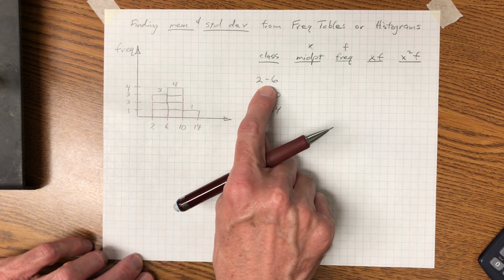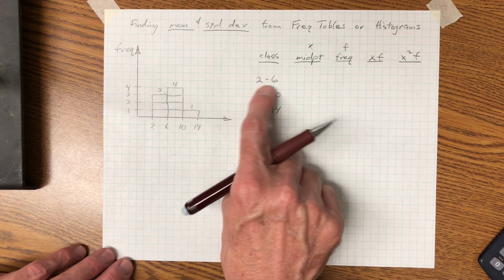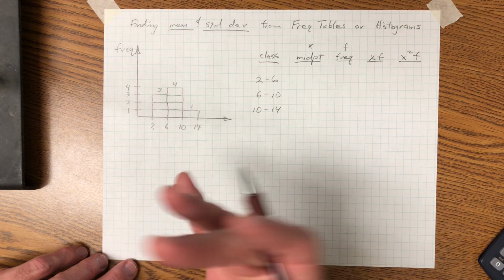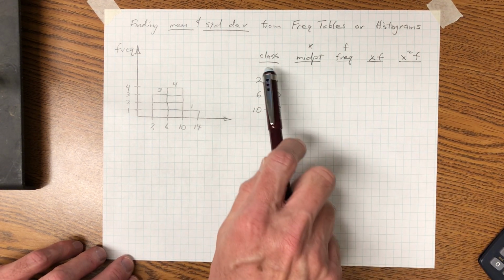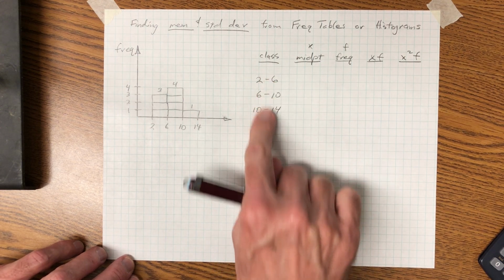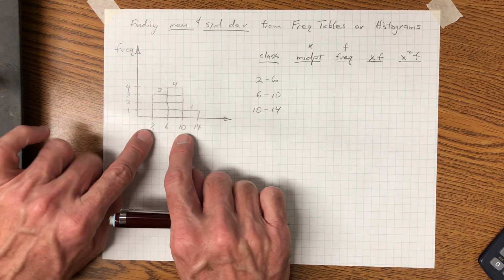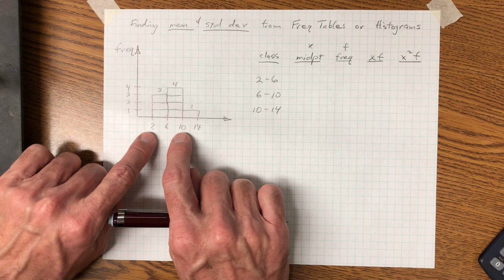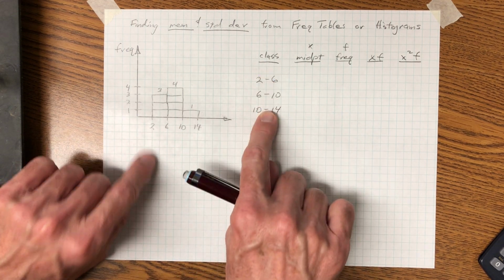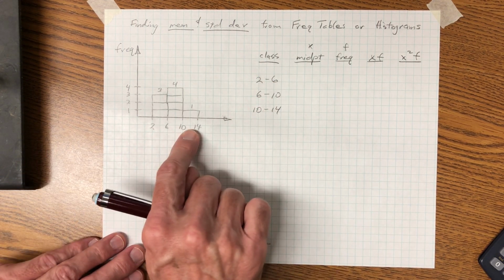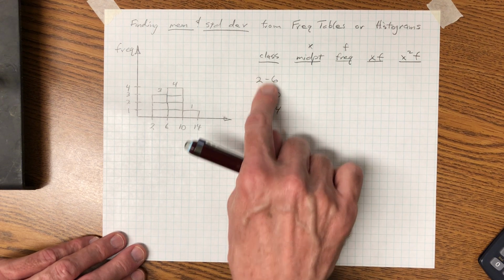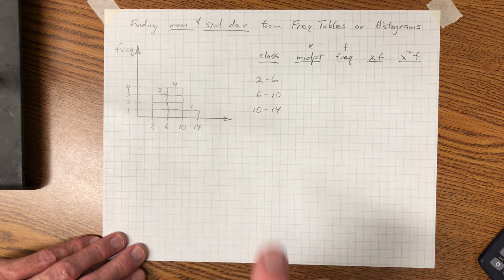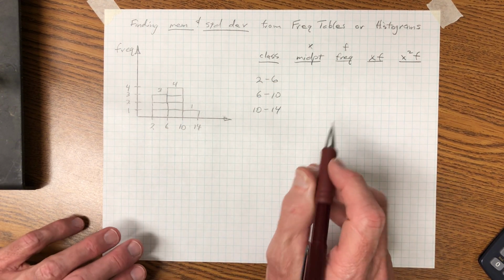These are class boundaries, so when you're doing these problems, we usually just use the boundaries because that's easy. If you're doing the other problems, sometimes I'll say I want your class limits in here, and they may be different from the boundaries. So these are the boundaries, these are the limits, but in this case, they're both the same. On the other problem, they won't be, but here they are.